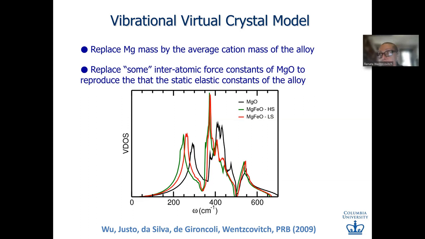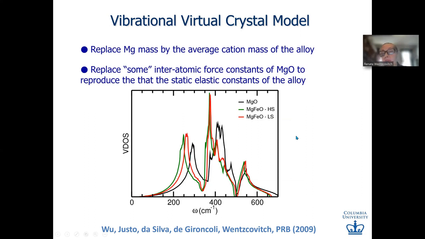And in this case, the average force constants of the virtual crystal give the same acoustic phonon dispersion that you get if you calculate the elastic constants of the high spin or low spin states. So it reproduced the elastic constants and the velocities of the solid solution. It's approximate. So this is what we did then.